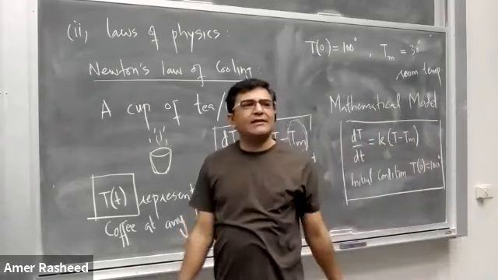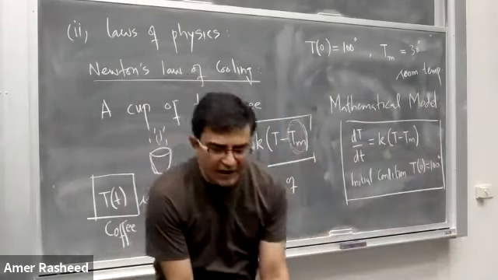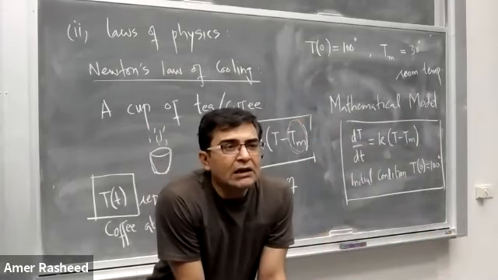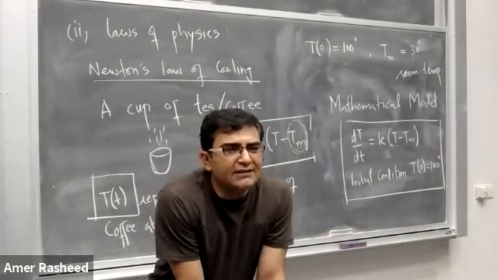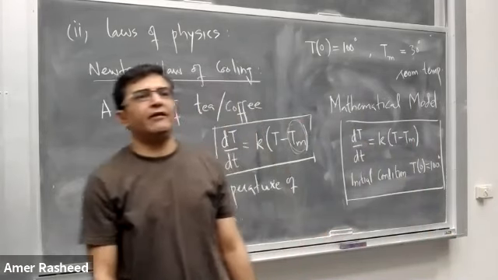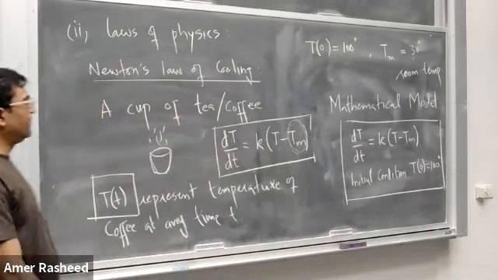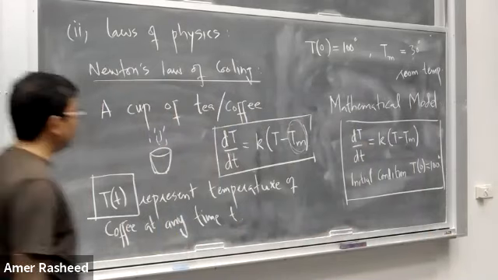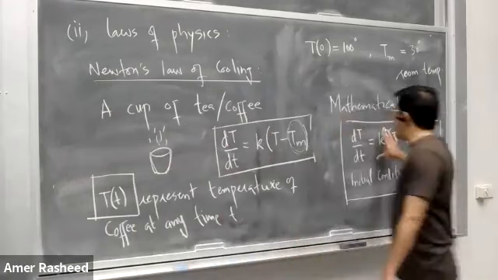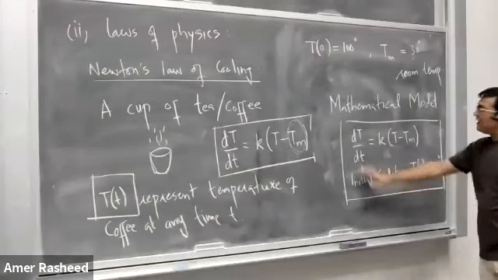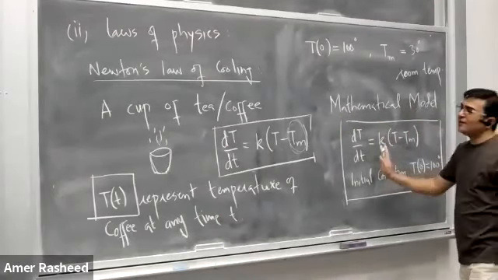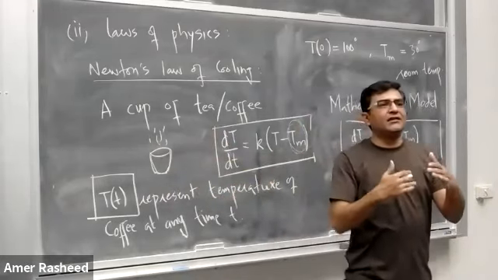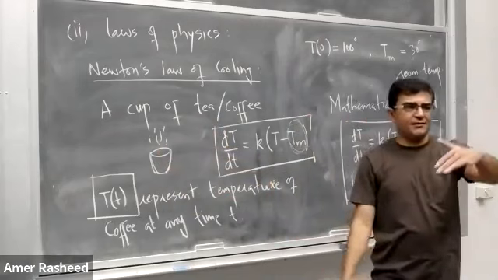Why do we need this initial condition here? I'll tell you later on when we discuss methods of solving differential equations. But for now, just remember that this whole thing is a mathematical model which describes this phenomenon: how does the temperature of a coffee decrease?